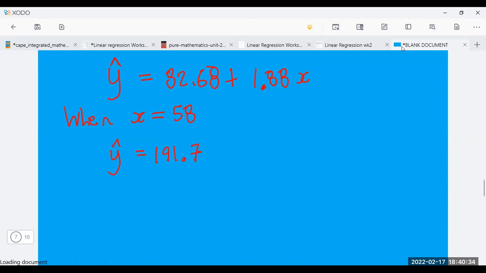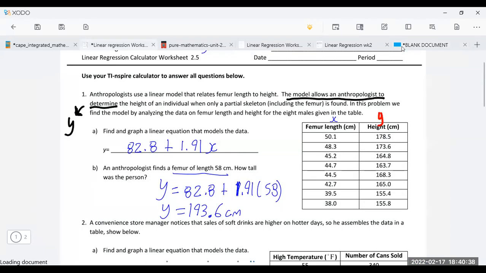Now, Jamie, this is a key thing. I didn't stress this yesterday, but I want to stress it today. Anytime you finish a question, don't just write y equals. Always tell back what y represents. How tall would that person be?